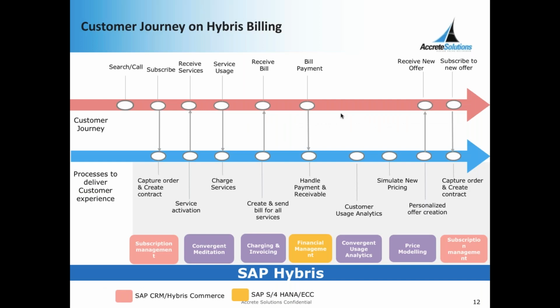So when we talk then about the customer journey in BRIM Hybris Billing, if we think about that customer journey, the red arrow and the blue arrows show the processes that you go through from a business perspective, and then the systems that are used to represent those processes, right?